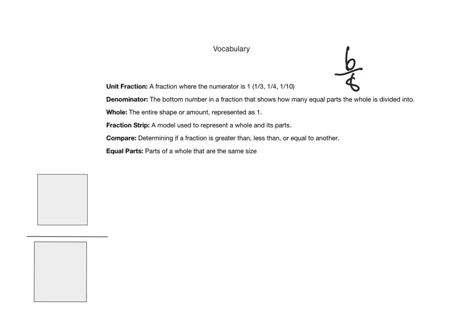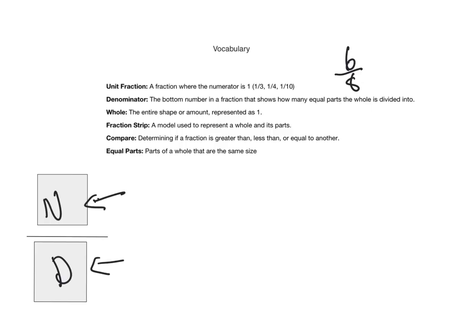The denominator is the bottom number in a fraction that shows the equal parts the whole is divided into. This top number is our numerator, and this bottom number is our denominator. The whole is the entire shape or amount, represented as 1.